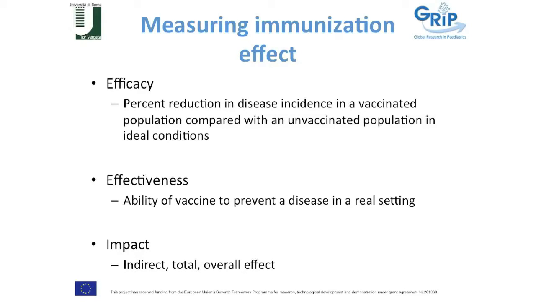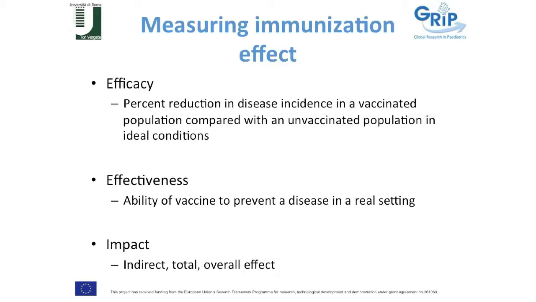Now, when we think about efficacy, we always think about a number which is the percent of individuals protected from a disease, which is fine because this is exactly what is measured in a randomized clinical trial when we speak about efficacy. And we think about the percent of individuals protected from a disease compared to unvaccinated individuals.